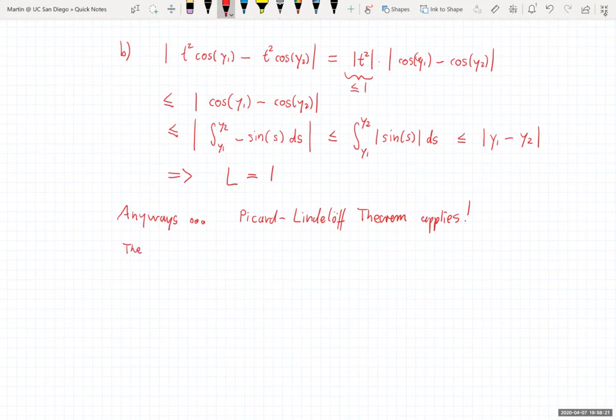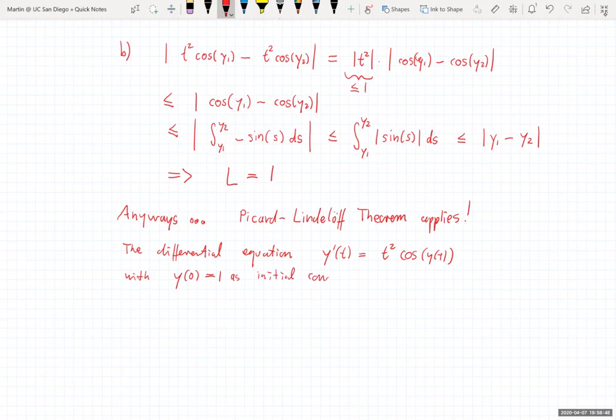So the differential equation y prime of t equals t squared cosine of y of t, with y naught equal to 1 as initial condition, has a unique solution y from 0 to some number tau, where tau is some positive number.